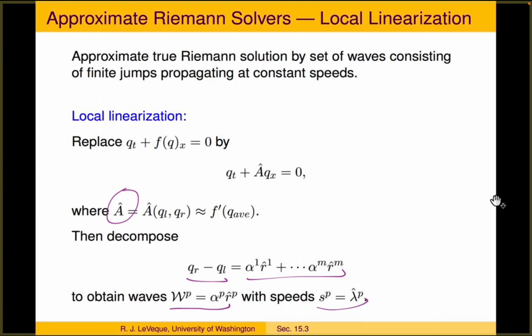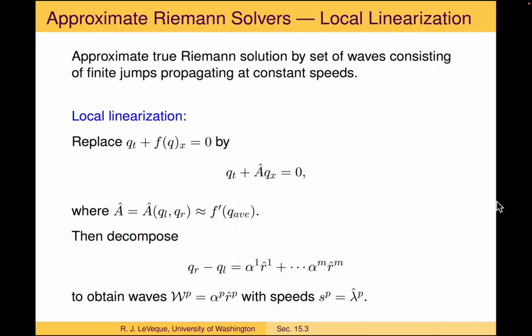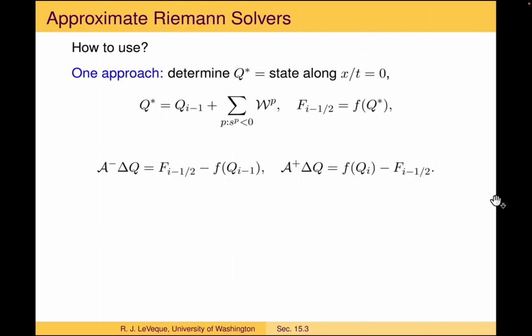So we could take, for example, A hat equals F prime evaluated at 1/2 (QL plus QR). And we know formulas for the eigenvalues and eigenvectors of that Jacobian matrix at that state for shallow water equations, say. But it turns out there's another condition that we would really like to have satisfied on this A hat, which won't be satisfied by what I just wrote down there.